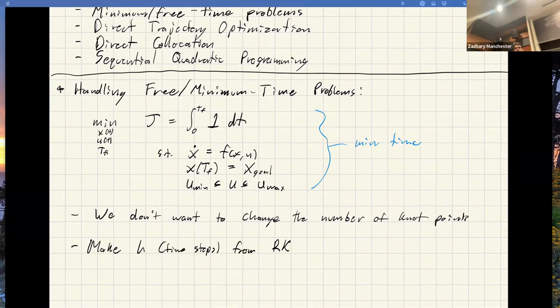Effectively, once you do this trick, they look like control inputs. So you're basically making the time step an additional control. You stack it in your U and treat it like another control. And you can do that with ILQR, DDP. You can also do it with the direct methods we're talking about today.